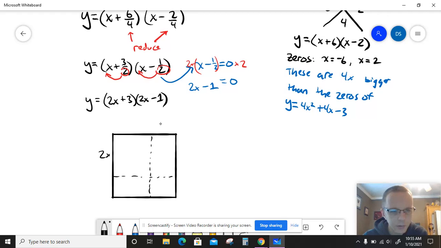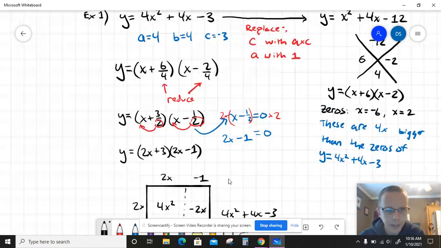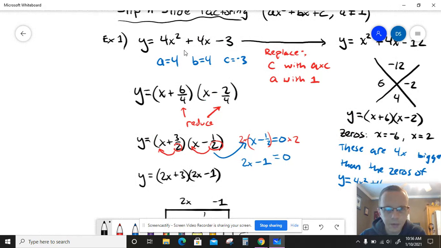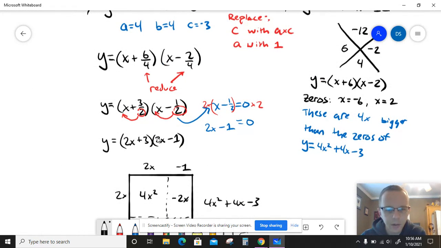I have 2x plus 3 and 2x minus 1. This piece is 4x squared. This piece is minus 2x. This piece is 6x. And this piece is minus 3. If I add all those pieces together, I have 4x squared plus 4x minus 3, which is exactly what I have here. So these are the correct factors.